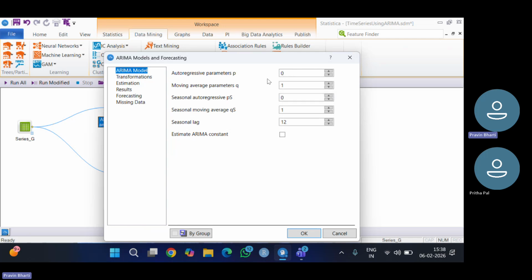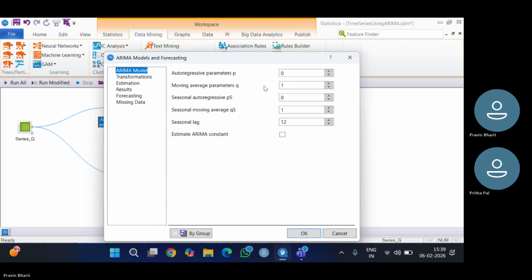I'm taking it as default 0 because through the autocorrelation plot and partial autocorrelation plot, we can see this autoregressive parameter P and this seasonal autoregressive parameter will not play much role. So that's why I have chosen 0 in both the cases. And then the moving average parameter, this is the regular parameter, which is 1.